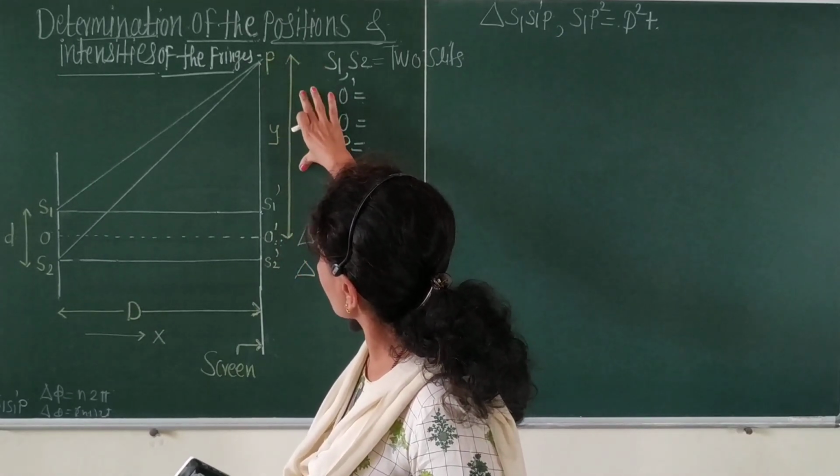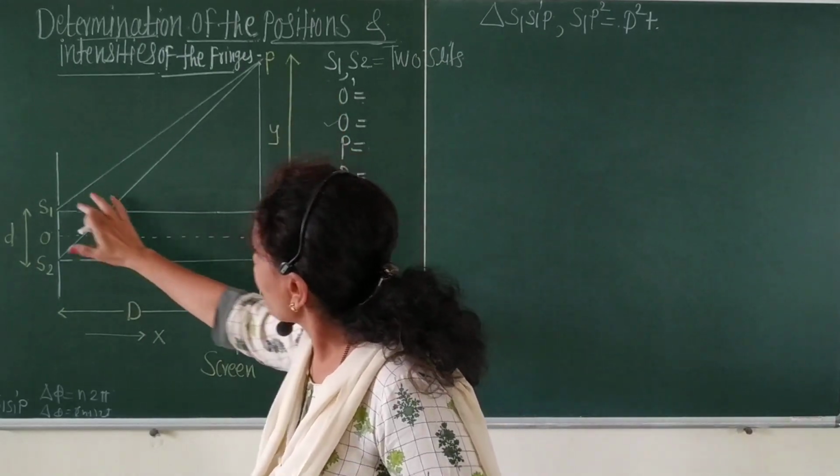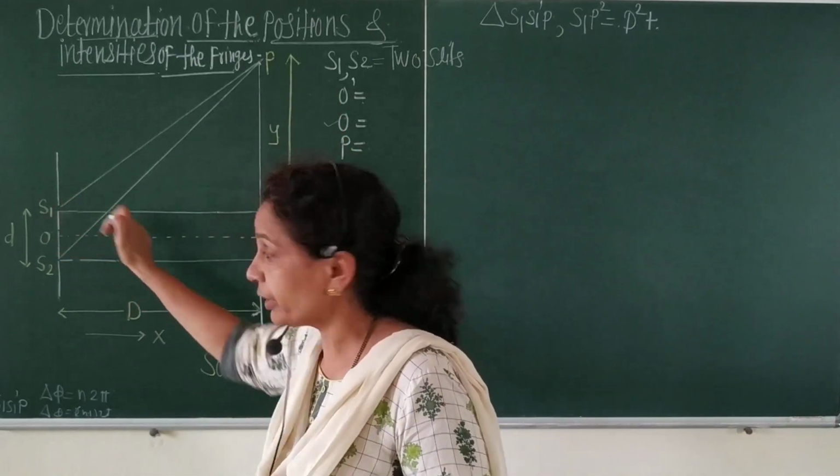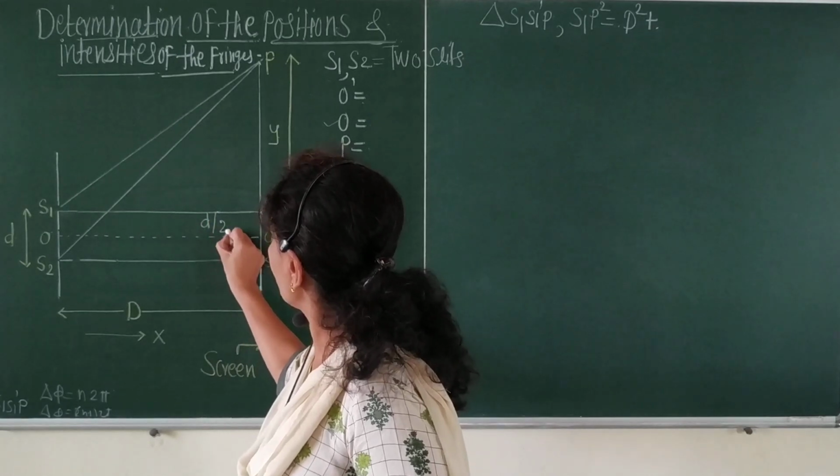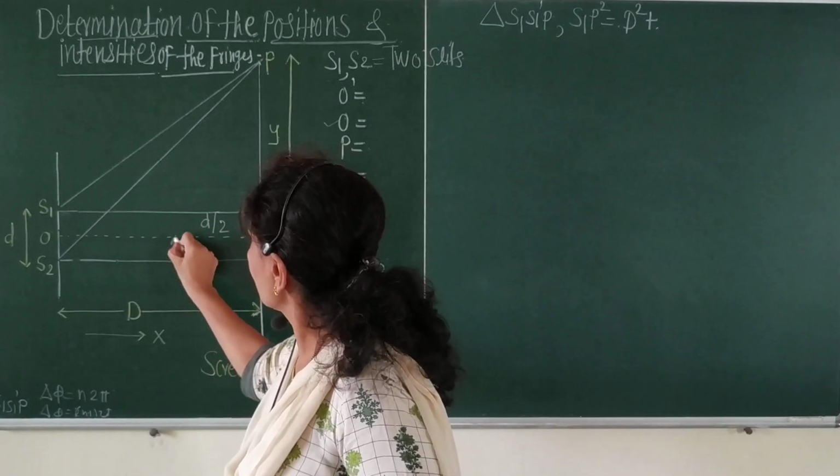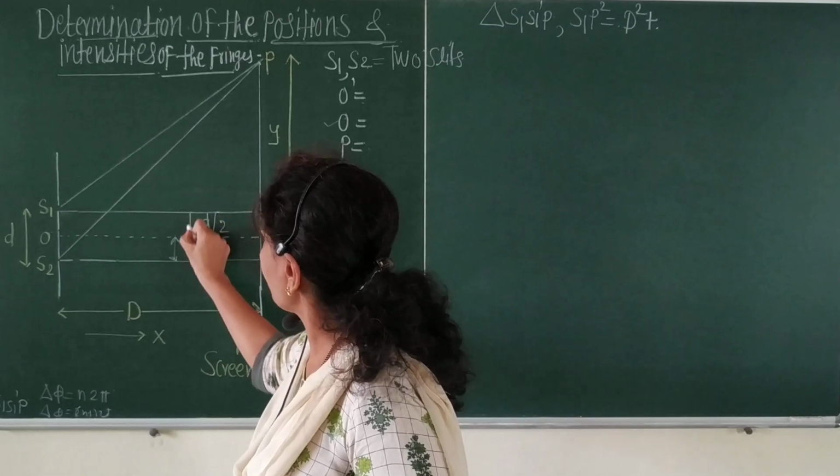This total distance is y, and since small d is the slit separation, this is d by 2 on each side.